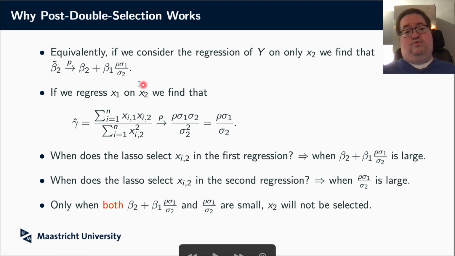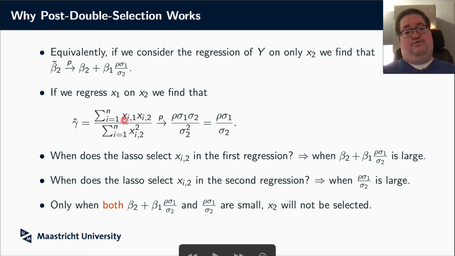The same thing we can do for another combination, and that is regressing x1 on x2. Here we don't really have a regression model for x1 and x2, but we can easily see what the regression will converge to, because if I define my regression coefficient in the standard way, I can just look at the limits.